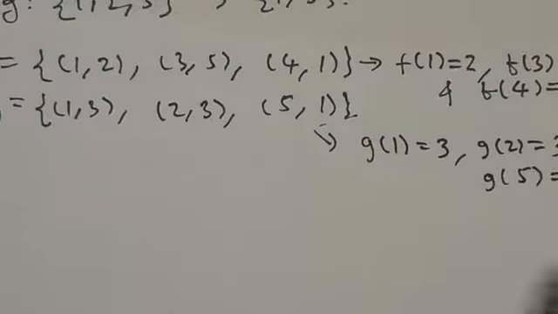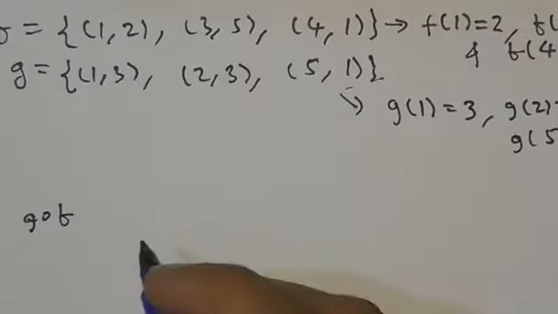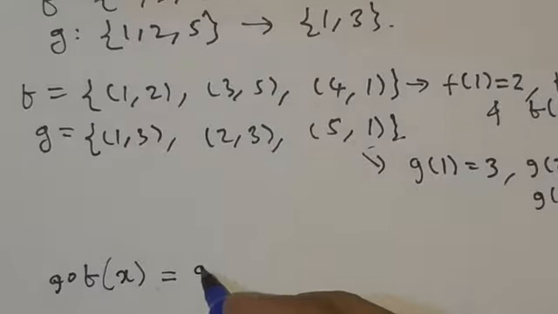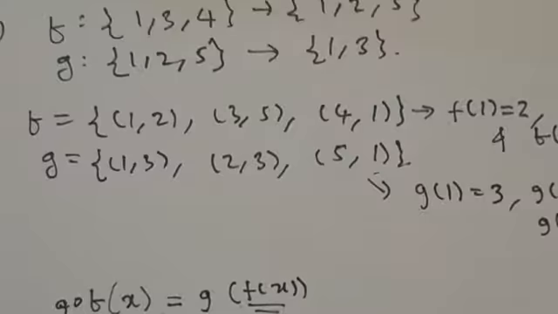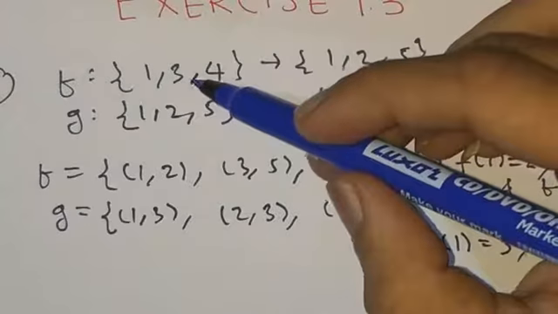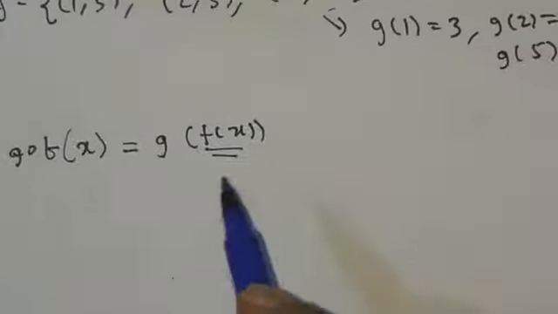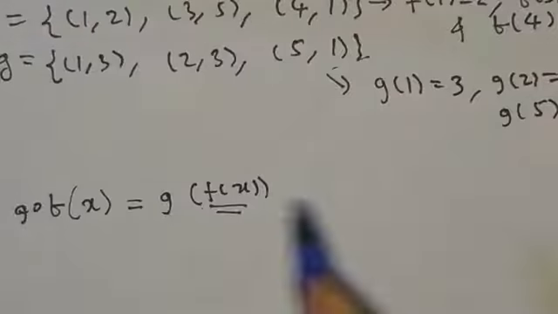Okay, so this we have to calculate, g composition f. Now g composition f we can calculate by taking an x in the domain of f. Why? Because we have to calculate g of f of x. Since the x that occurs in f of x is from the domain of f, the x that we take should be from the domain of f.